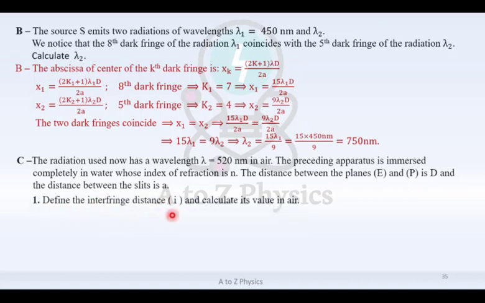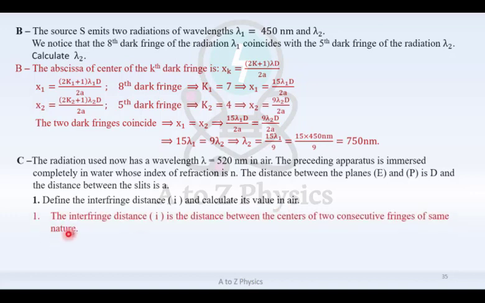Define the interfringe distance i and calculate its value in air. The interfringe distance i is the distance between the centers of two consecutive fringes of same nature. i equal lambda d over a. It will be equal to 1.04 times 10 to the power minus 3 meter.